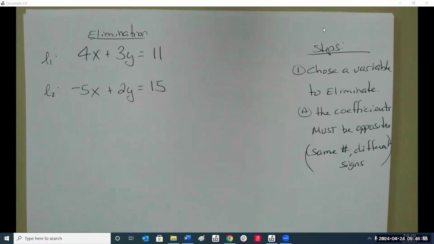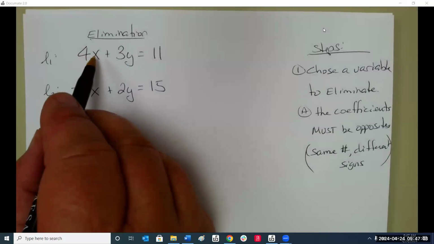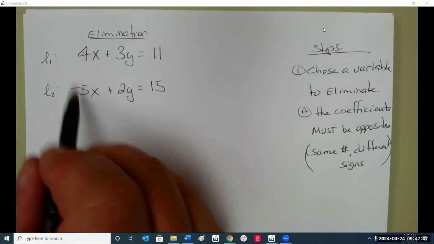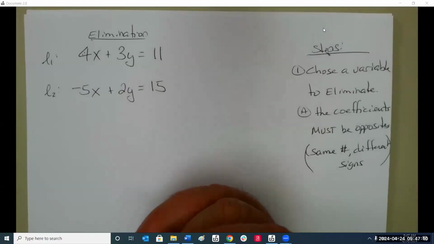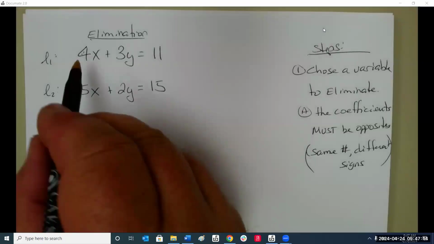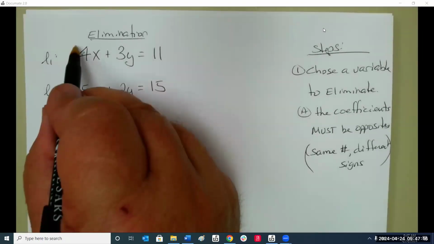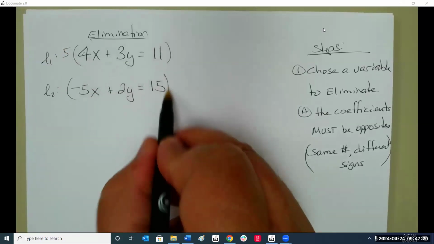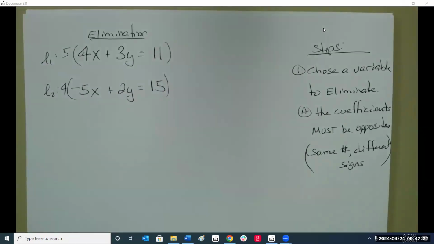So obviously this is not going to be easy. So we have to change both equations. So pick a variable. Okay, we'll pick x. What do we have to multiply to these so they become the same number but different signs? Well, obviously, since we have 4 and 5, if we multiply the top one by 5 and the bottom one by 4, we'll get the same numbers.